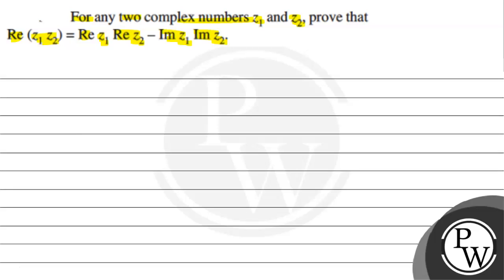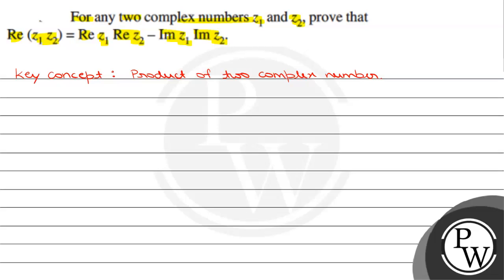So let's start the solution by understanding the key concept here. The key concept here is the product of two complex numbers. The product of two complex numbers is similar to how we multiply two binomials.